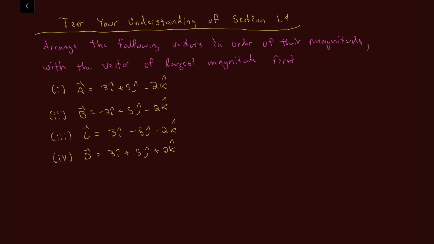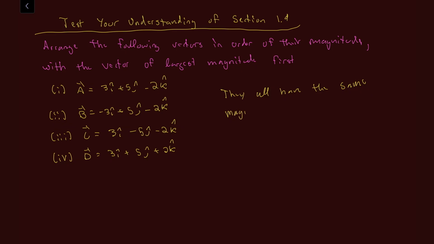Okay, so let me tell you why. These vectors have the exact same components. In some vectors they're positive, and in the others, they're negative. But the answer is that they all have the same magnitude. You don't even need to do math.